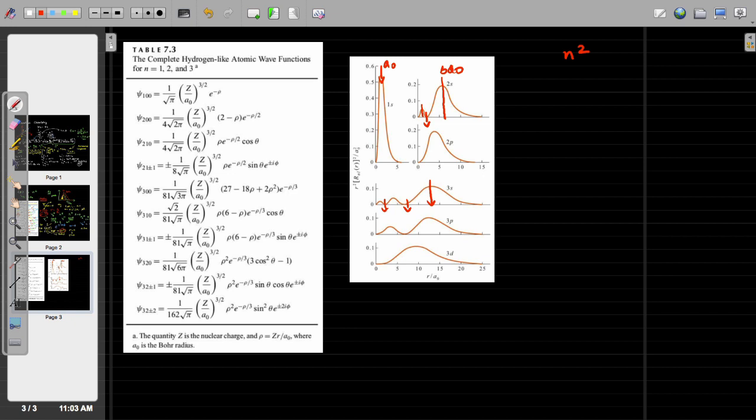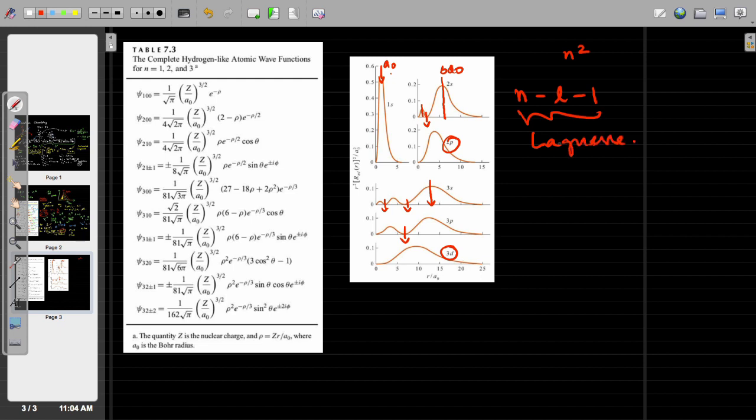Similar to the 1s orbital, the first p orbital, 2p, also has no nodes between 0 and infinity, and the moment you go to the 3p orbital, you have one node between 0 and infinity. Similar is the case with the 3d orbital, where the first 3d orbital has no nodes between 0 and infinity, and if you go to 4d, you're going to have one node. So the radial nodes end up being n minus L minus 1. This comes up because of the Laguerre dependence.